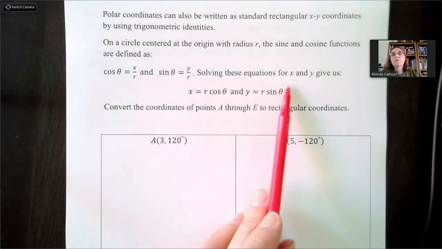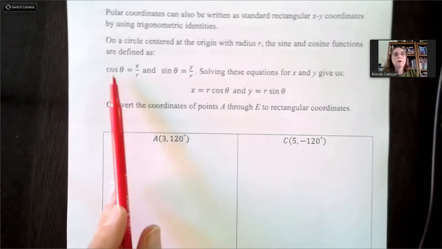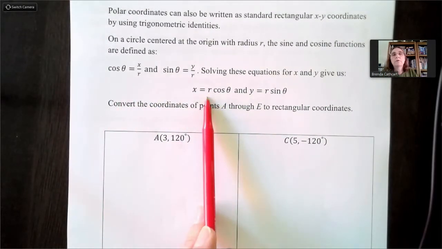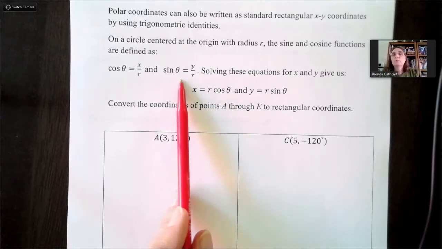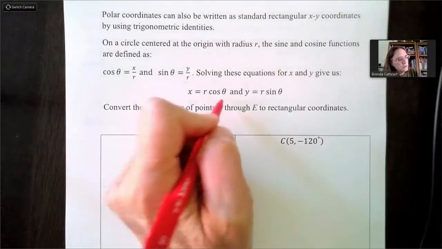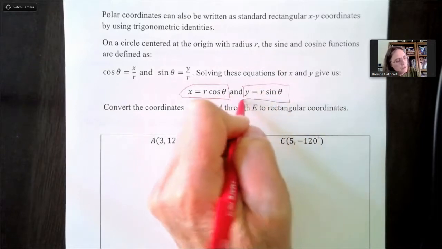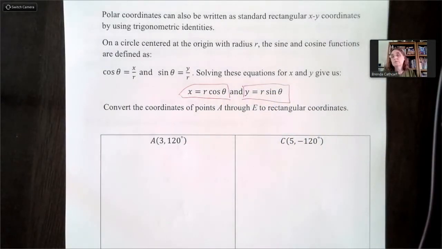If we solve these equations for x and y, multiplying both sides by r, we get x is equal to r cos theta. And on this one, multiplying both sides by r, we get r sine theta is equal to y. So these are the two formulas that we're going to use to go from polar coordinates to rectangular coordinates. So let's do a few examples for that.